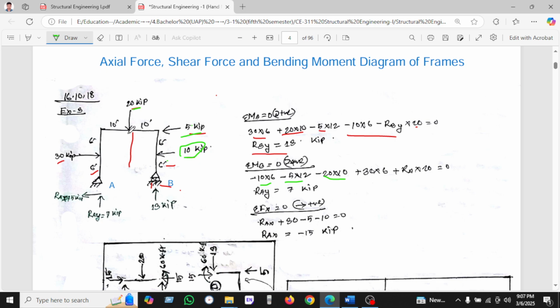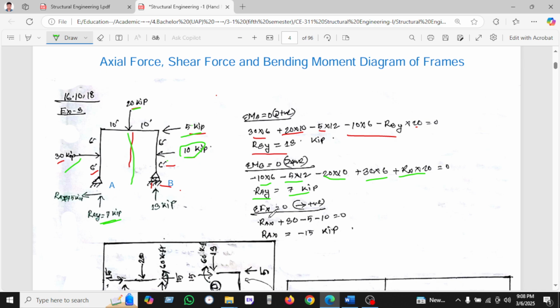Here is the 20, and the distance is also 10, and 30. This is the last one, the force 30 into 6. And RA, the reaction in the y direction, RA into 10, the distance is 10, into 10 into 20. In this way, RAY, the moment forces, we have found 7.